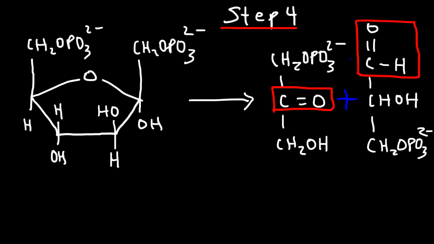If you count the carbons, the aldehyde has the highest priority, so that's carbon 1. You'll find that the phosphate group is located on carbon 3. So this is called glyceraldehyde 3-phosphate. And this one is called dihydroxyacetone phosphate. A 3-carbon ketone is known as acetone.